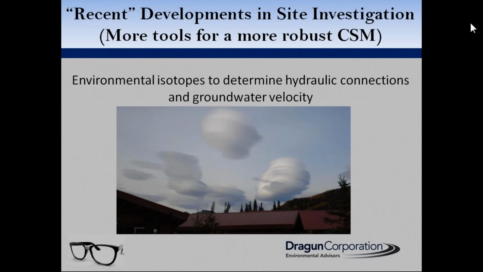I'm going to talk about hydrogen isotopes, and specifically one of the isotopes called tritium, which is a type of hydrogen that is radiogenic, and it's got a half-life of 12.3 years. That means if you have 10 parts of tritium now, in 12 years you'll have 5.